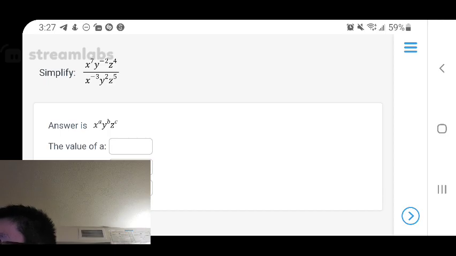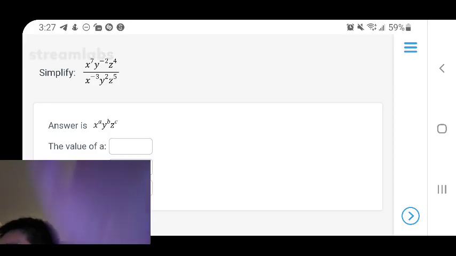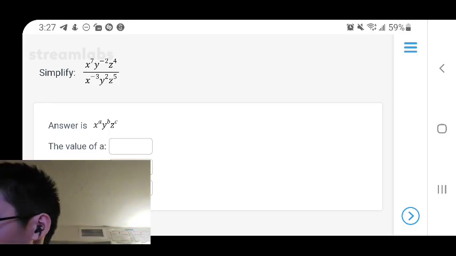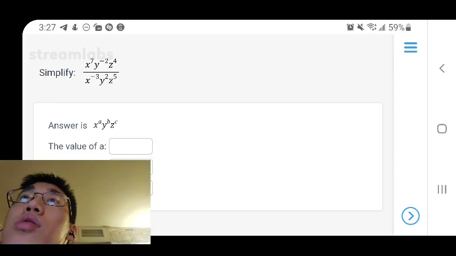A is 10. Y is negative 4. That's B. Right, this is negative. I'm typing it. C is negative 1. So 1 over Z is Z to the negative 1. Double check this.